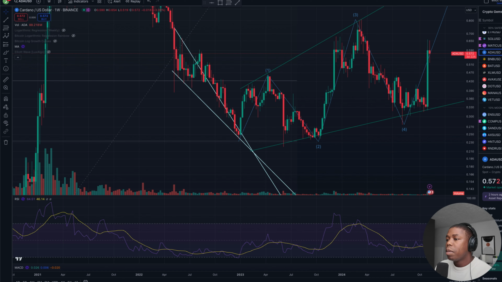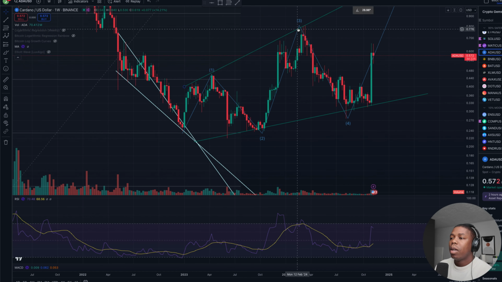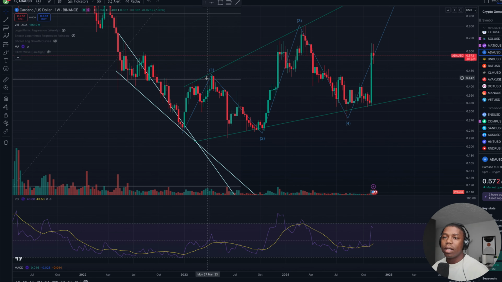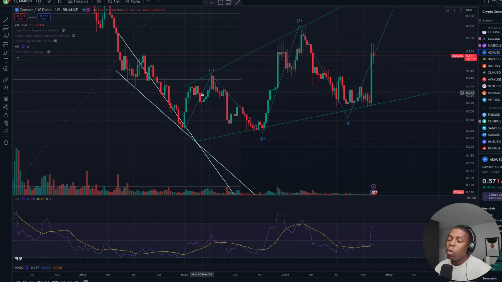Now, one thing to point out is that we typically have some overlap when it comes to these waves. So wave 1, 2, 3, and now wave 4 is actually overlapping into the territory of wave 1, which is totally normal when it comes to a diagonal. Other parts of Elliott wave would say the rule is that wave 4 cannot enter the price territory of wave 1, but in the case of a diagonal, it can and it should.